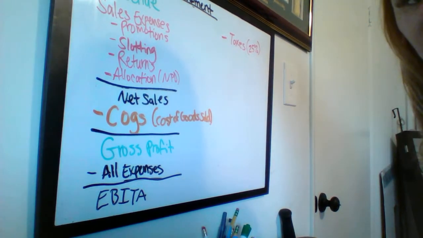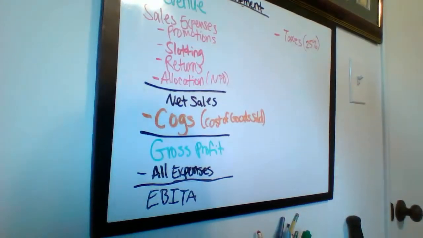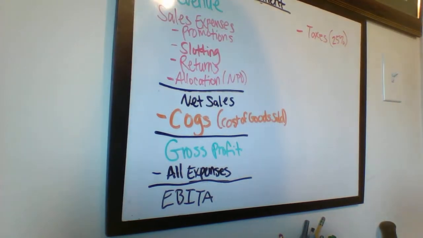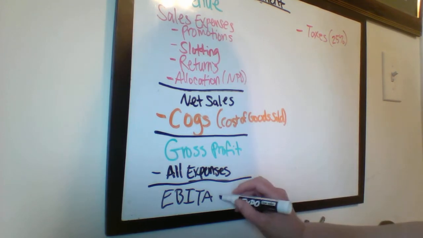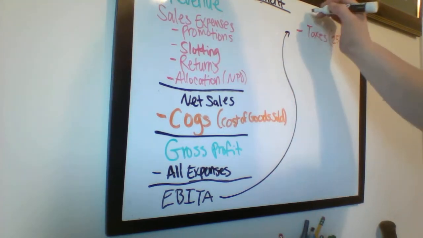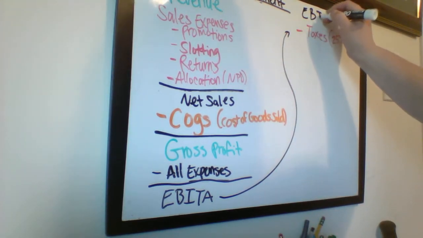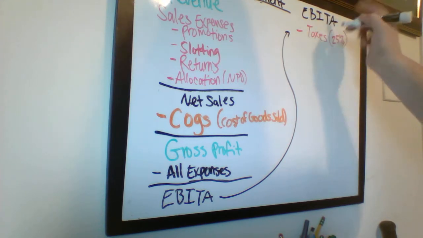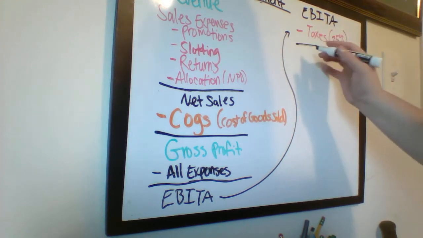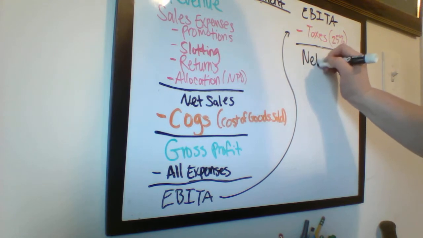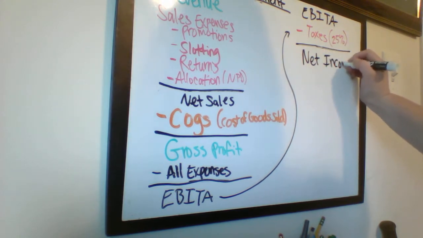Let's just do 25% specifically to help. Okay, so we're going to minus taxes out of our EBITDA. EBITDA minus taxes gives us our net income.